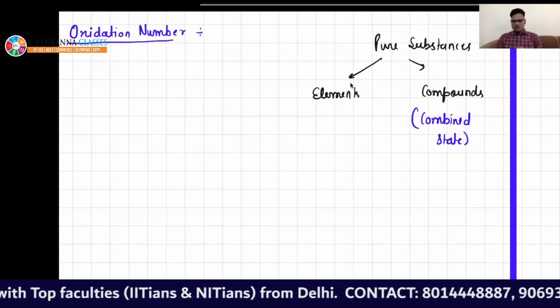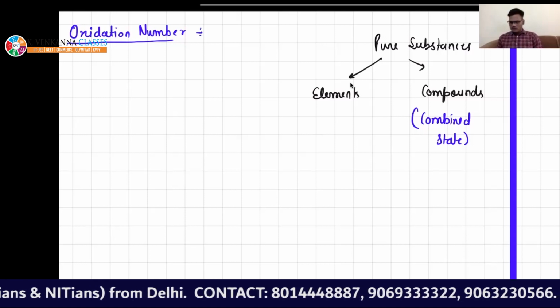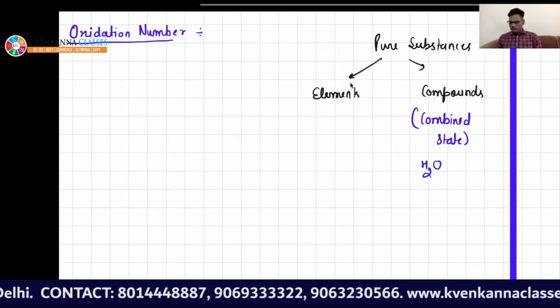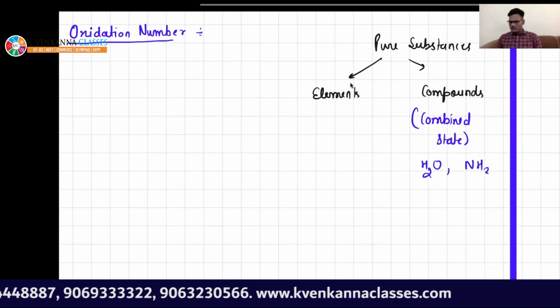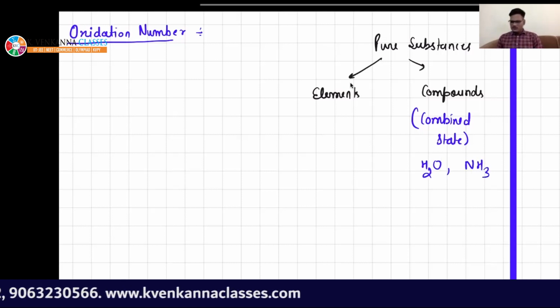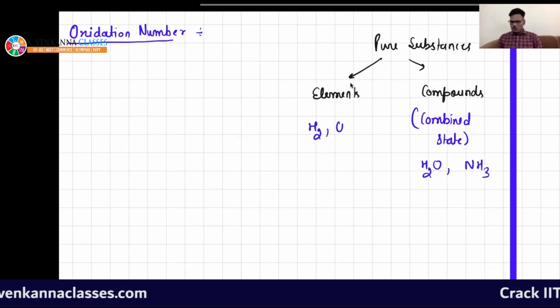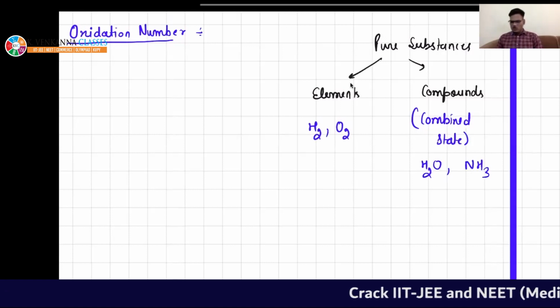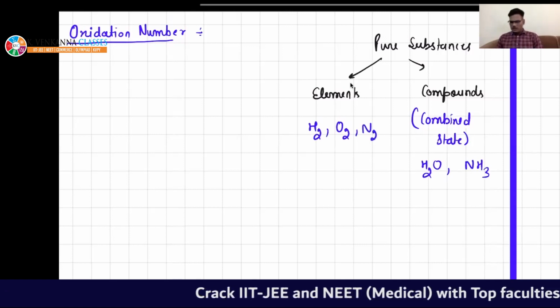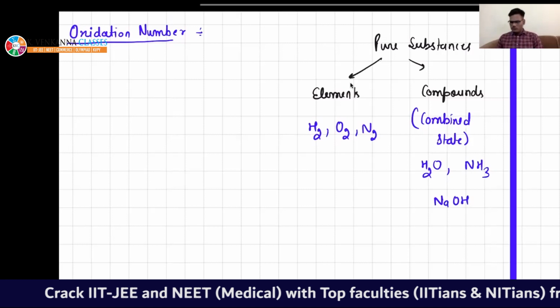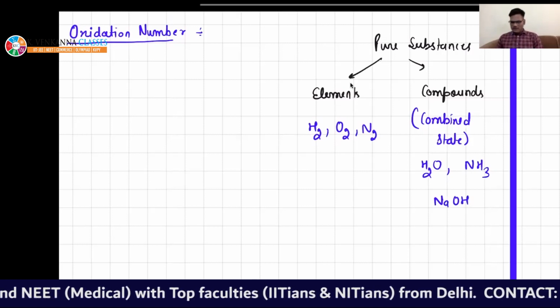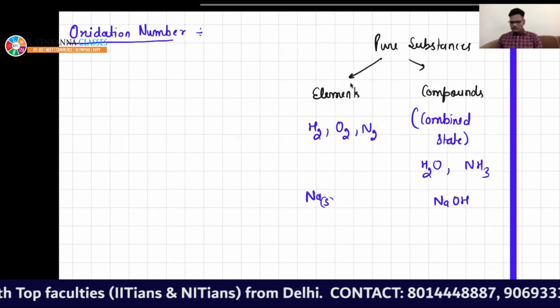So that is compounds. For example, H2O, ammonia. Elements, for example, hydrogen, oxygen, or nitrogen. I can also write some examples of compounds, NaOH. Elements can be sodium solid, right?